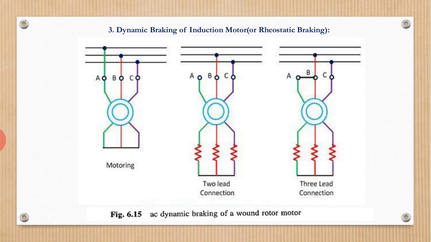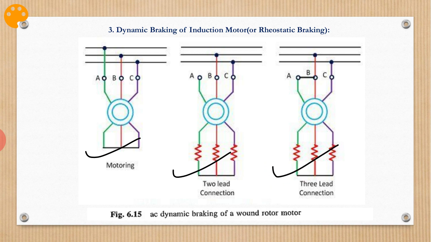So next one is the dynamic braking of induction motor, or rheostatic braking. Here the first one is motoring, and another one is the B figure, the 2 lead connection, and another one is the 3 lead connection.